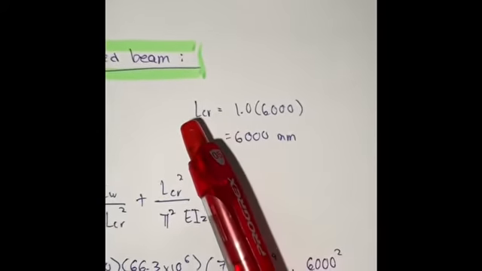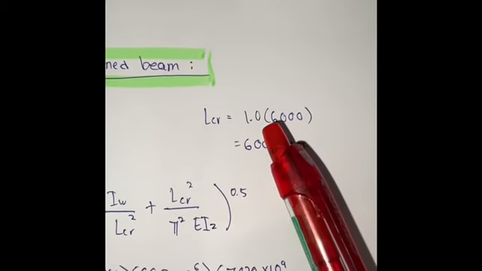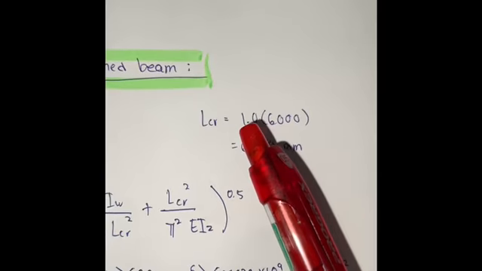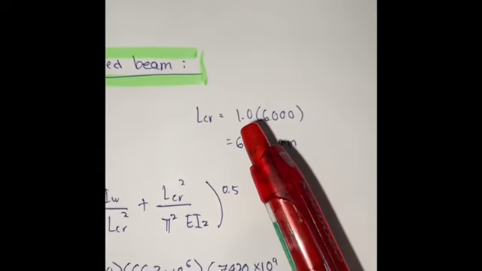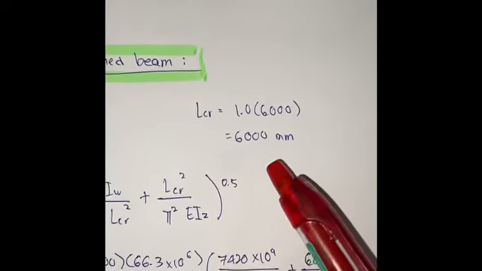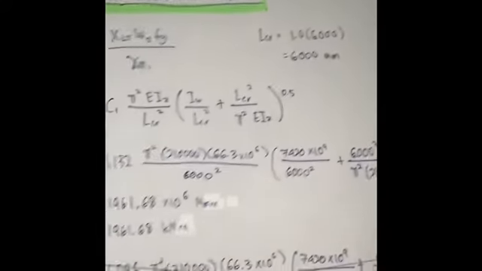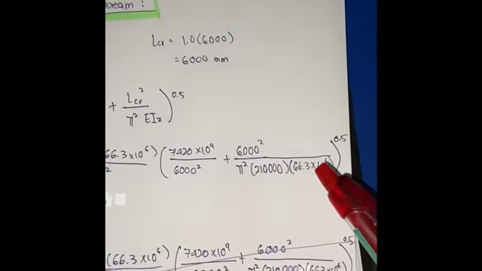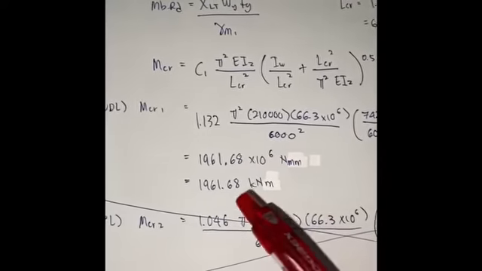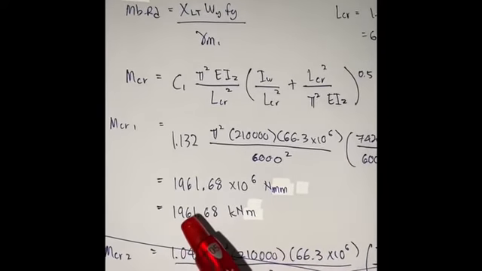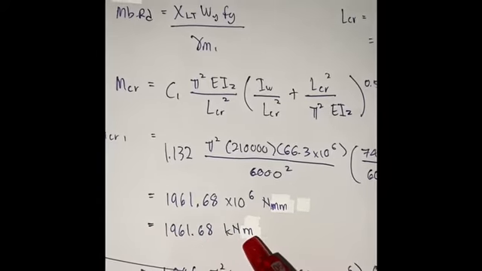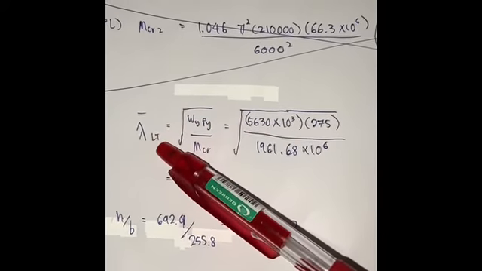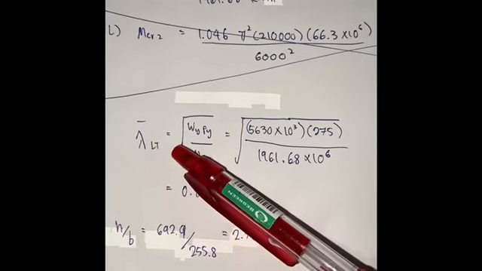So the critical length has a factor of K 1.0 because both of the end supports were free. So we will get 6000 mm. So just put all the variables in this equation, and then we get the MCR is 1961.68 kN.